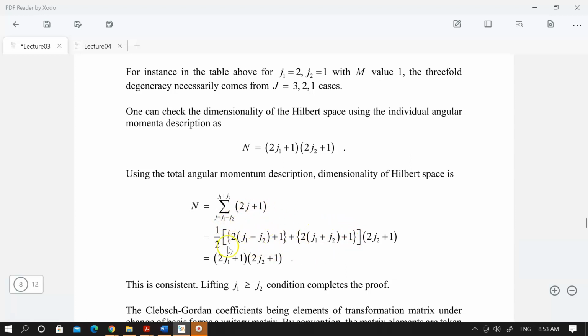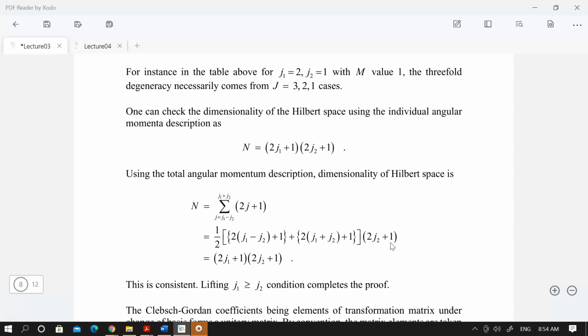You take the first term from the smallest value, plug it into J, so you get 2(J1 minus J2) plus 1, and then you plug in the topmost value, 2(J1 plus J2) plus 1, and multiply by the degeneracy for each particular J, which is 2J2 plus 1, from the claim that we had earlier, which we have actually demonstrated using an example.